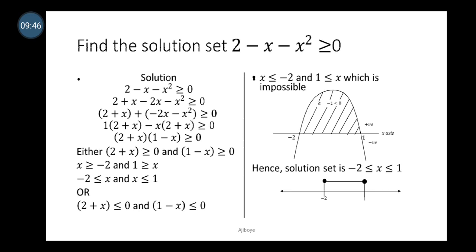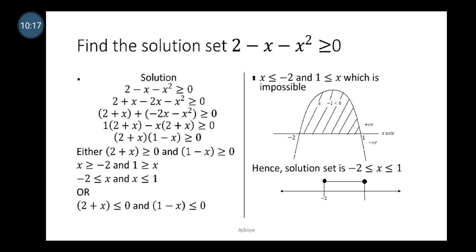However, if you look at the coefficient of x squared in the quadratic expression, it is negative, that is minus 1. And therefore, the graph will be an inverted U. That is, the U will be facing down. So we have that graph as a result of the fact that a is minus 1 and is less than 0.